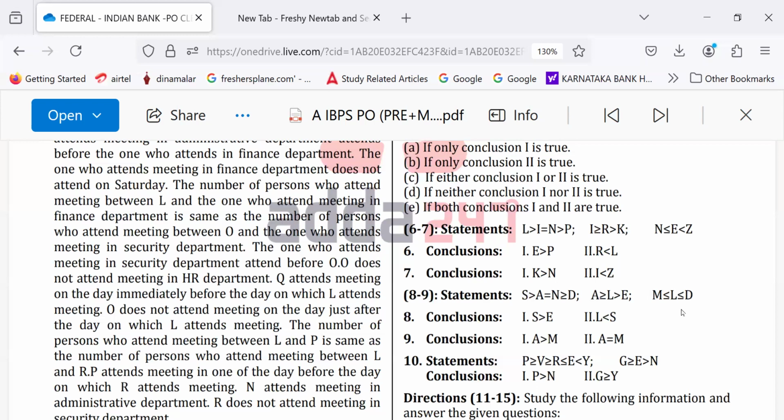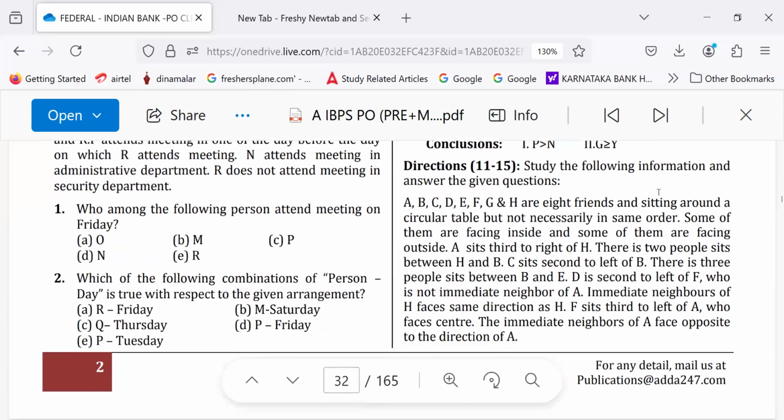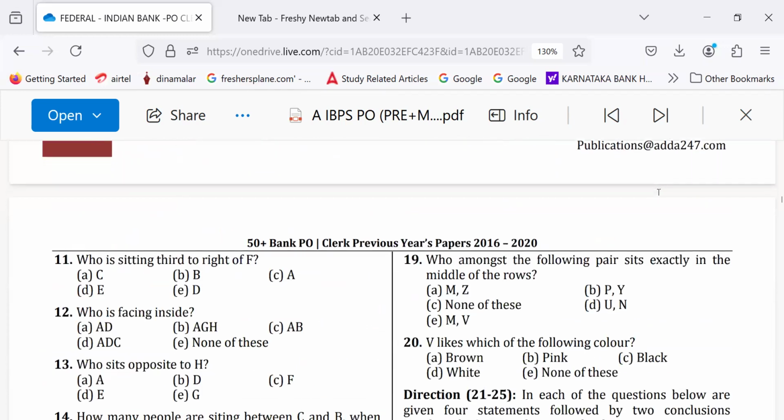Both statements are false. The answer when both are false, meaning neither one nor two is true, is D for Delhi. Is that okay? Please mark it.